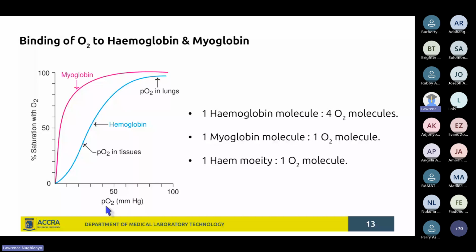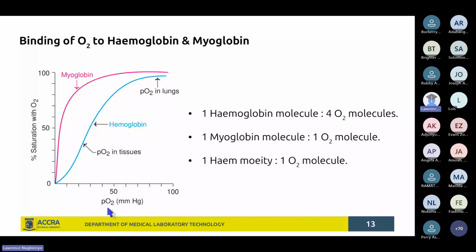And you see we have myoglobin, which is monomeric, which means there is only one globin with the heme. And when we saw the structure of the heme, it was the central ferrous ion that was carrying the oxygen molecule.